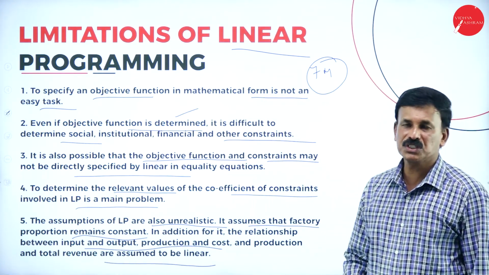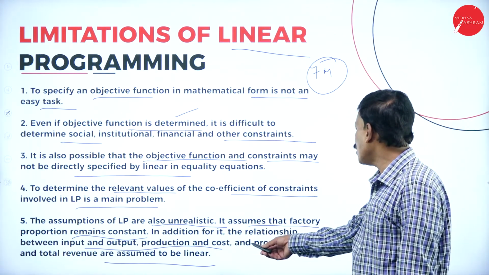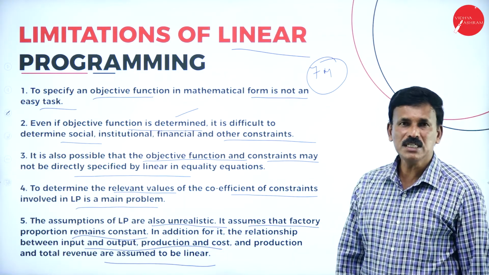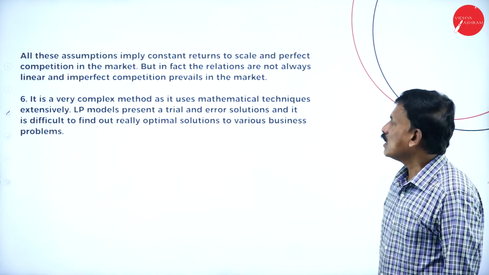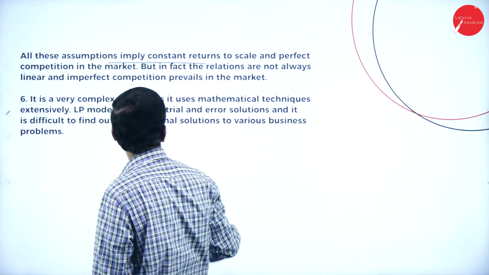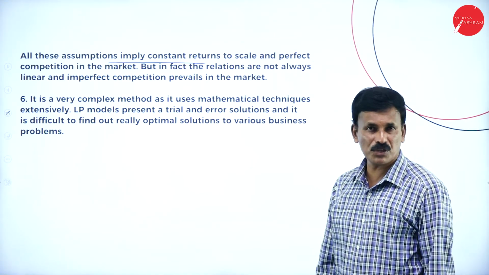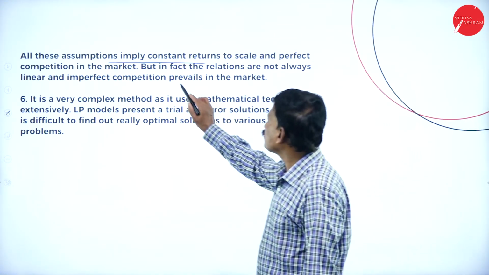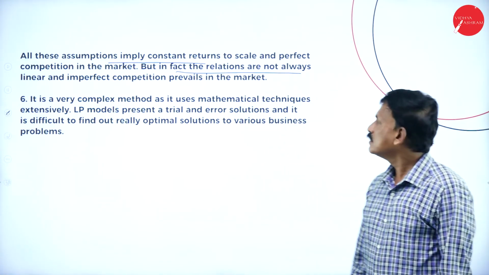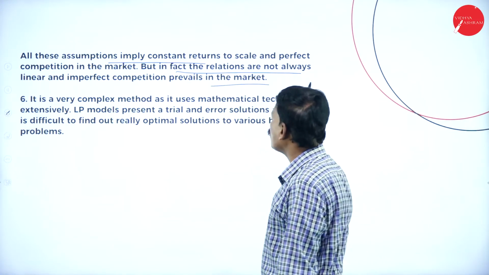All these assumptions imply constant returns to scale and perfect competition in the market. In fact, the relations are not always linear and imperfect competition prevails in the market.